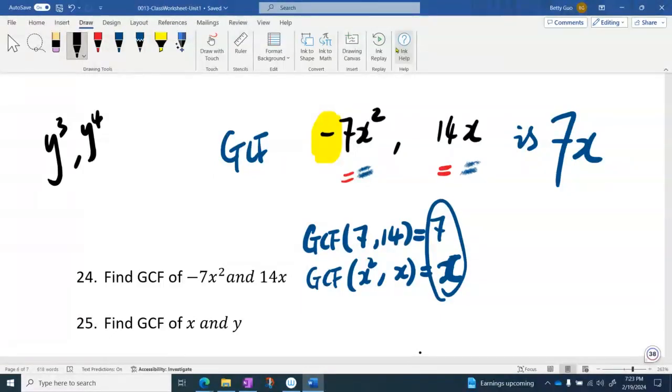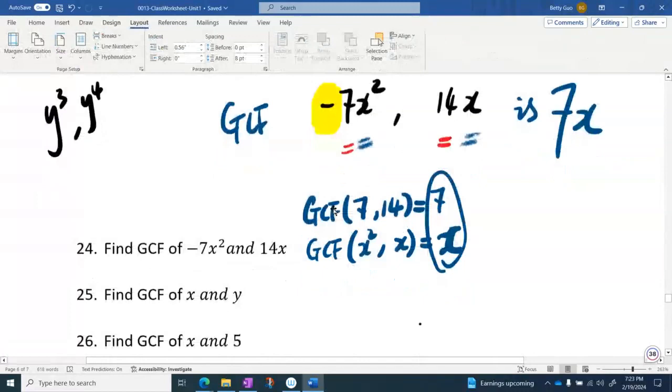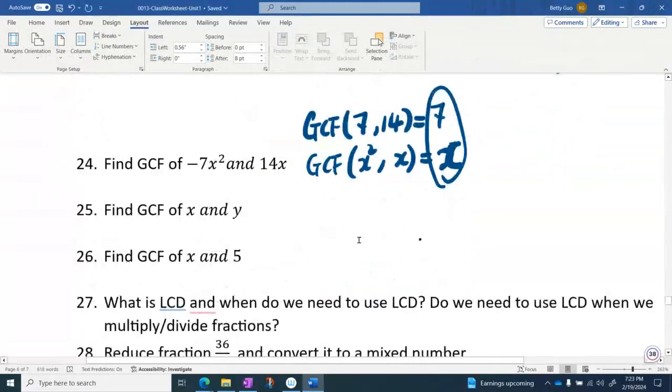Very good. And number 25, what's the GCF of x and y? Would it be 1? Exactly. Because x and y are two different variables, we treat them as co-prime. And what's the GCF of x and 5?